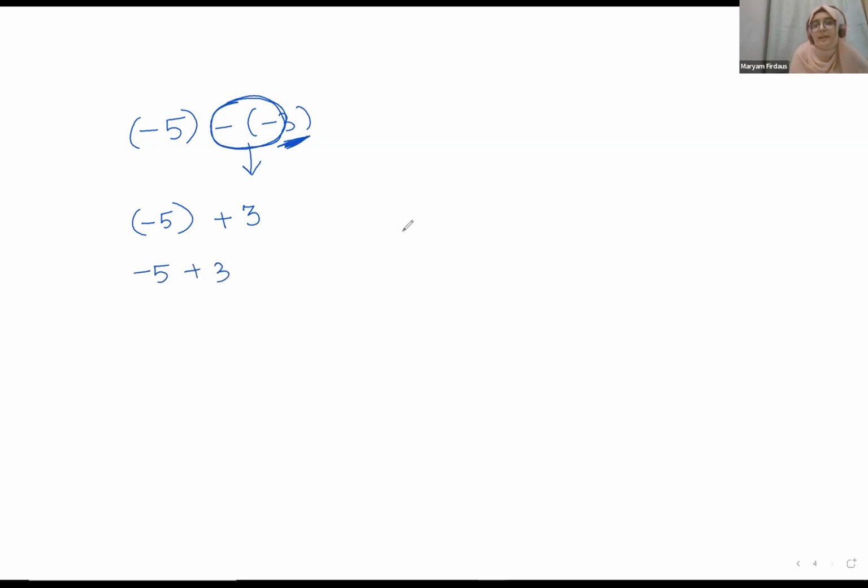So if we take our number line, we are saying this is my -5. When we say plus 3, what does it mean? We are moving to which side? To the right. How many spaces to the right? 3 spaces. So I say 1, 2, and 3. I stop here. 3 spaces to the right.